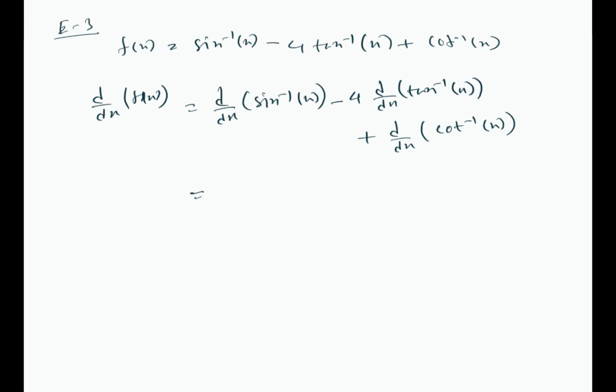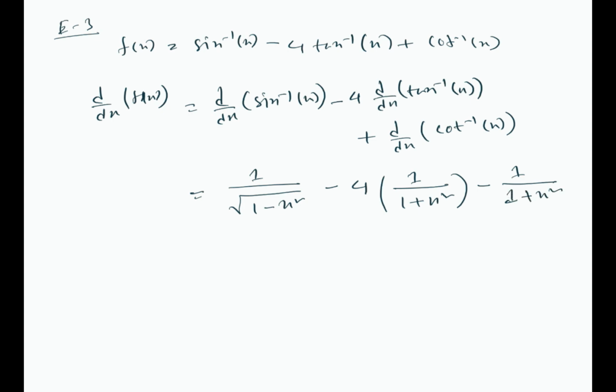Okay, so the derivative of inverse sine of x is 1 over the square root of 1 minus x squared. Then here we have 4, and the derivative of inverse tan of x is 1 over 1 plus x squared, and the derivative of inverse cot of x is minus 1 divided by 1 plus x squared.